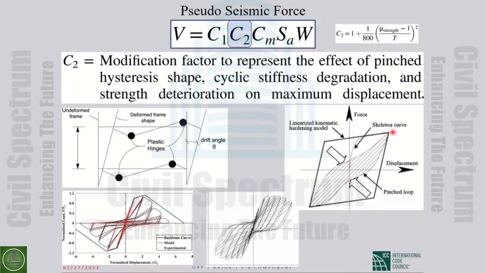This fat one, with a small displacement, dissipates lots of energy. This one should get more deformation to dissipate the same level of energy.